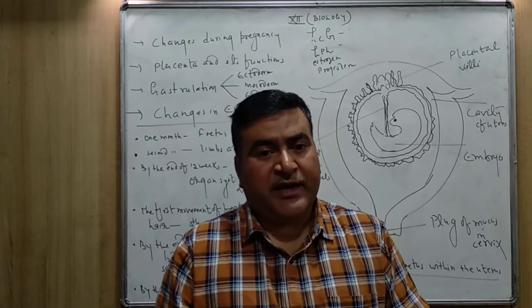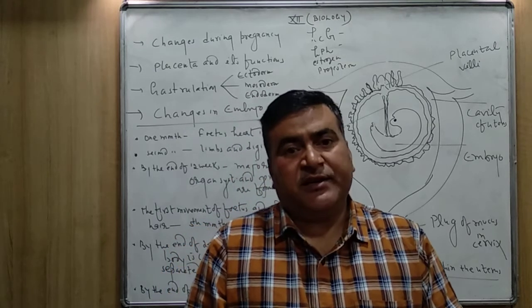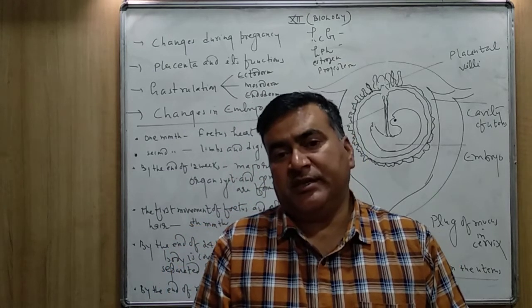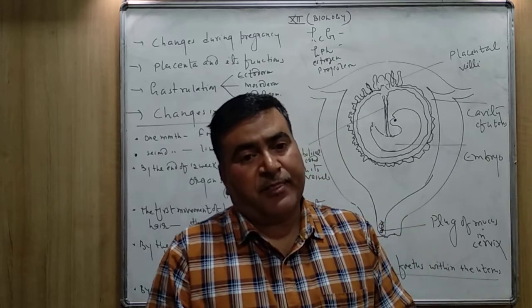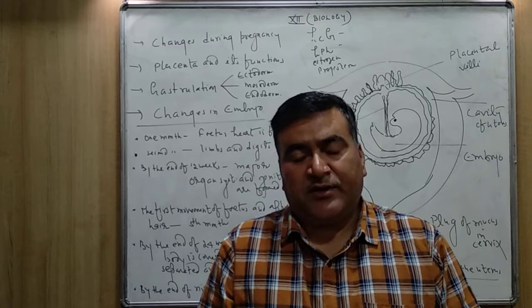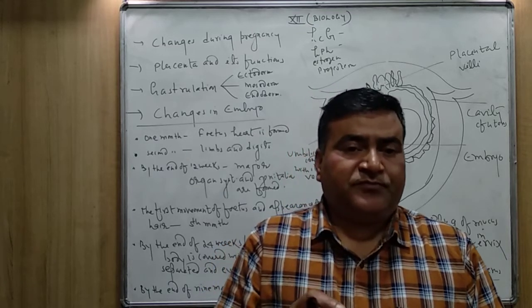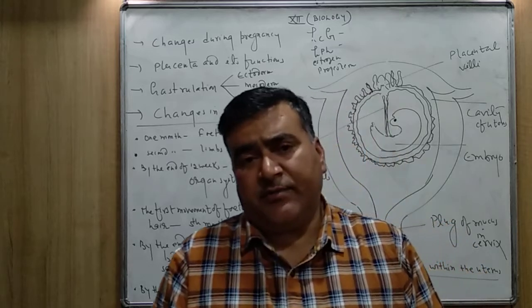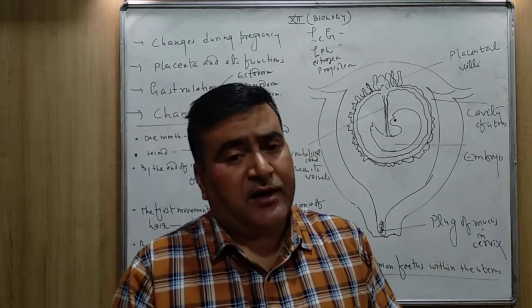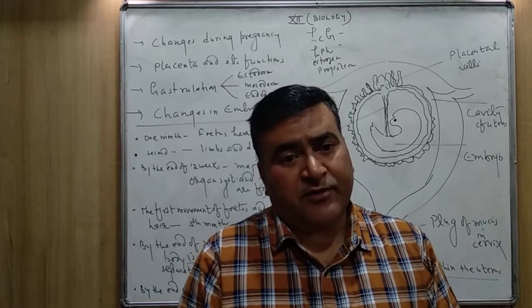Other hormones like estrogen and progesterone may be secreted even when the female is not pregnant. In the menstrual cycle, these hormones are secreted. So these headings you have to learn. These questions also you have to do simultaneously.